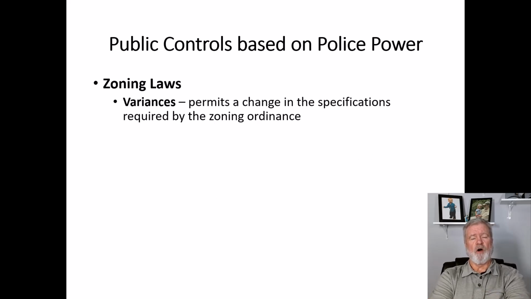You'll see a term called variance. You need to know what a variance is. Basically, is it possible that you could own land zoned commercial, just for example? And by the way, when it comes to commercial zoning, there are different levels of commercial zoning, like C1, C2, and so forth.